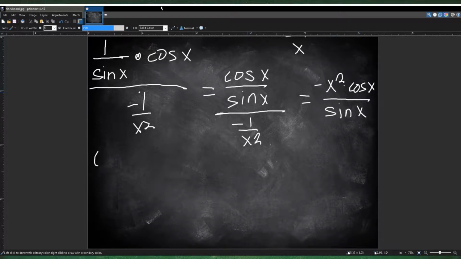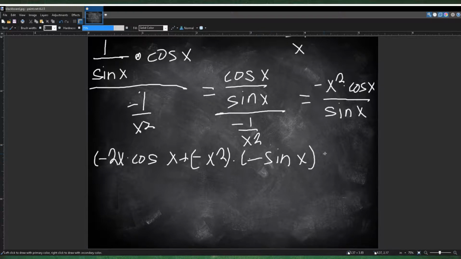So we're going to have the derivative of the first one times the original of the second, plus the original of the first times the derivative of the second, which is negative sine of x. Okay, for our parentheses, and that's good. And then the derivative on the bottom, which is sine of x, is just cosine of x.